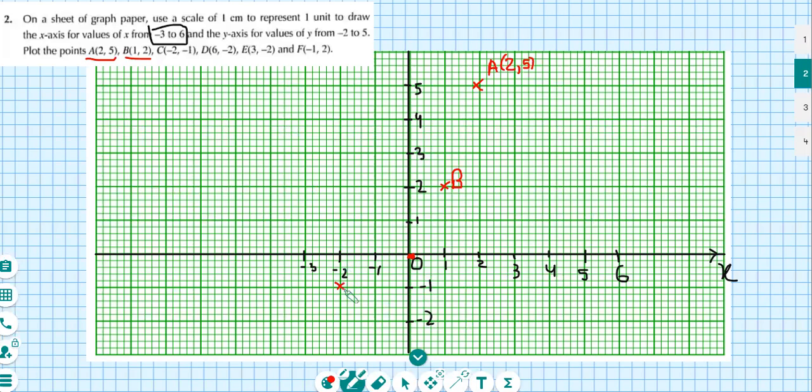So it is point C. D (6, -2): 1, 2, 3, 4, 5, 6, and -2 means we have to go down 2 steps, 1, 2. So this is D. For E (3, -2): 1, 2, 3, and -2 below. So this is E. And finally F (-1, 2): -1 and +2 along y-axis. So this will be F.